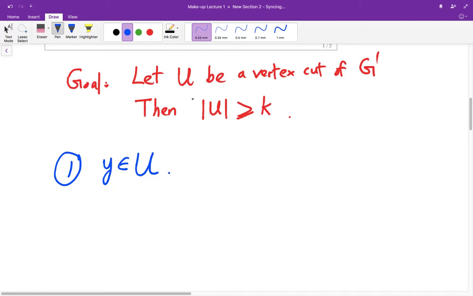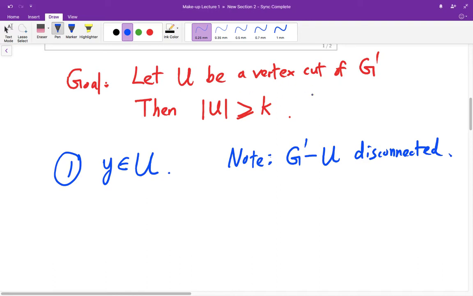By the definition of U, since it's a vertex cut, we know that the graph G prime with U deleted is disconnected. This is nothing but the fact that follows from the definition of a vertex cut.